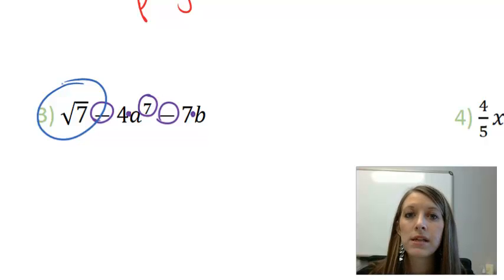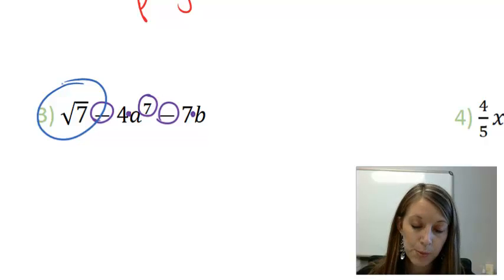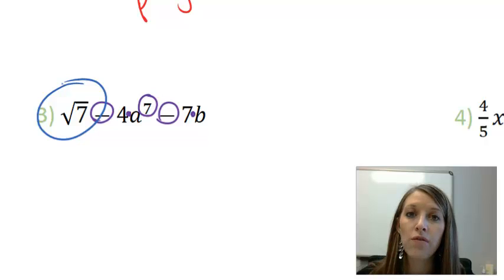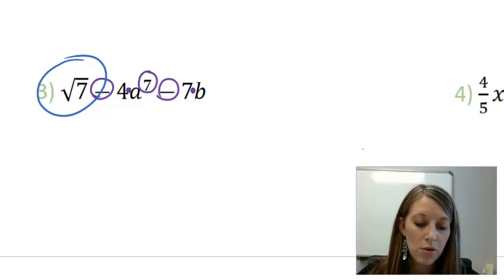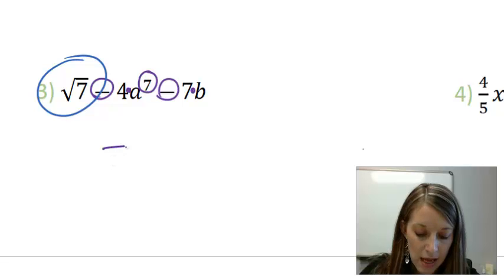Now, a square root is considered an ugly operation if it is over the letters or variables. This square root specifically here is only over a number. So even though I put it in the ugly operation group, since it's over a number, that is okay. So I don't have anything here to tell me that this is not a polynomial. That tells me that this is a polynomial.